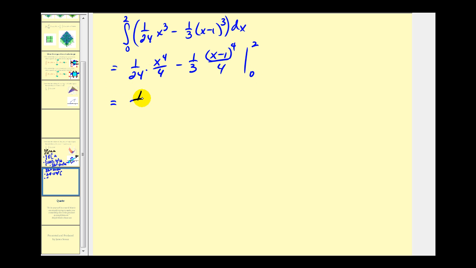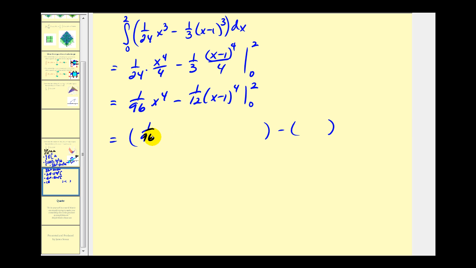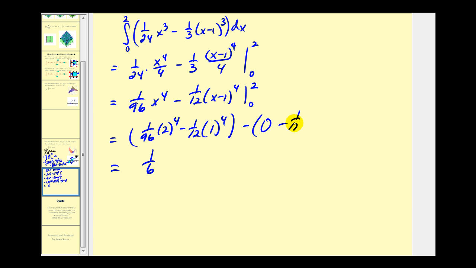This will give us 1 over 96 x to the fourth minus 1/12 times the quantity x minus 1 to the fourth. So we'll have 1 over 96 times 2 to the fourth, minus 1/12 times, when x is 2, 1 to the fourth, minus, and then when x is 0, this will be 0 minus 1/12 times negative 1 to the fourth.